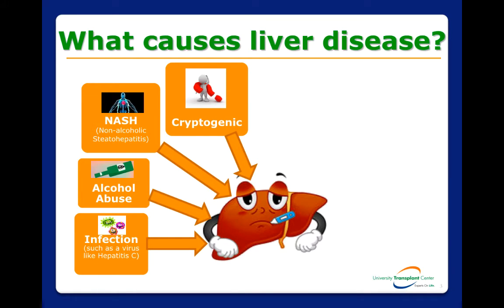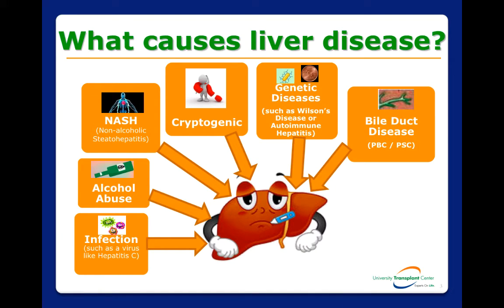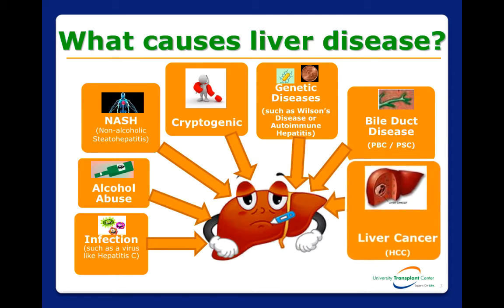Cryptogenic, which means we don't know the cause. Genetic or hereditary diseases, such as Wilson's disease or autoimmune hepatitis. Bile duct disease, such as PBC or PSC. Hepatocellular carcinoma, or liver cancer.